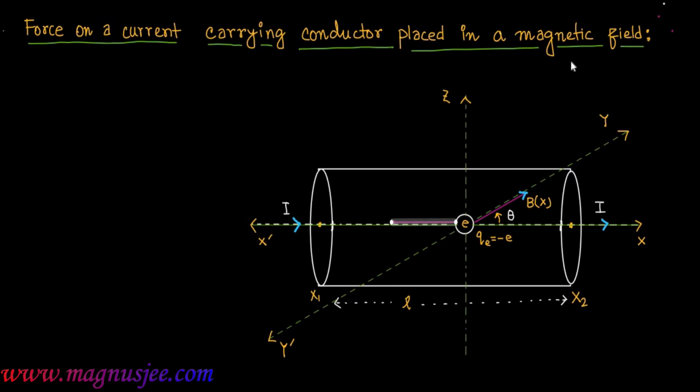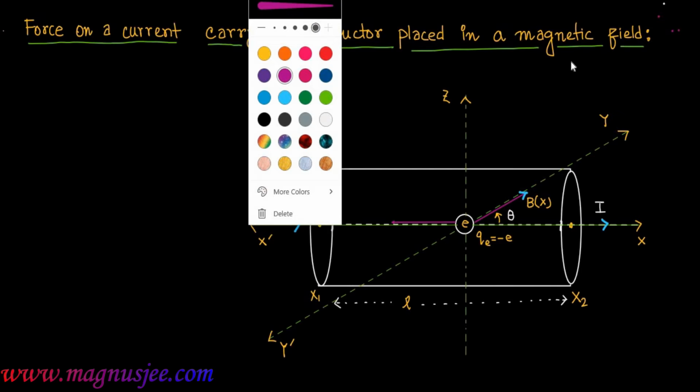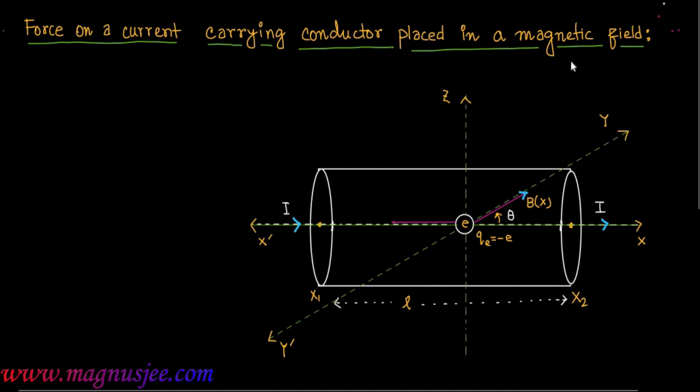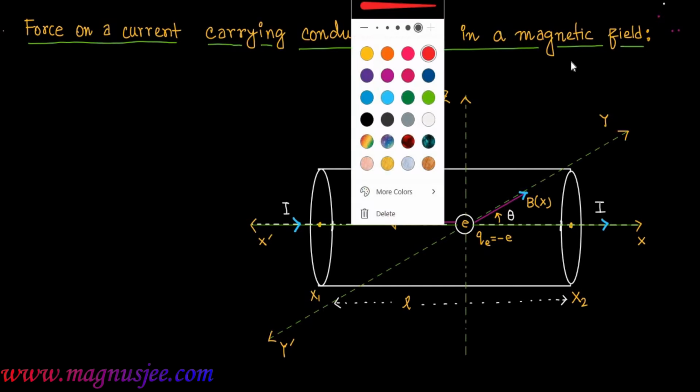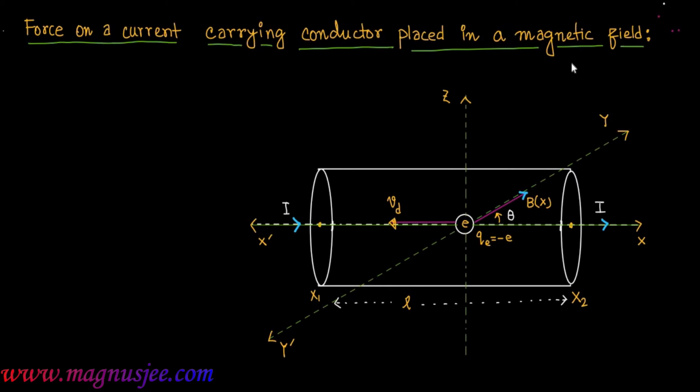As the current flows towards right along positive x-axis, a free electron on the axis of the cylindrical wire will be accelerated with a drift velocity Vd in the opposite direction of current. That means this electron will be accelerated with the drift velocity Vd towards left.